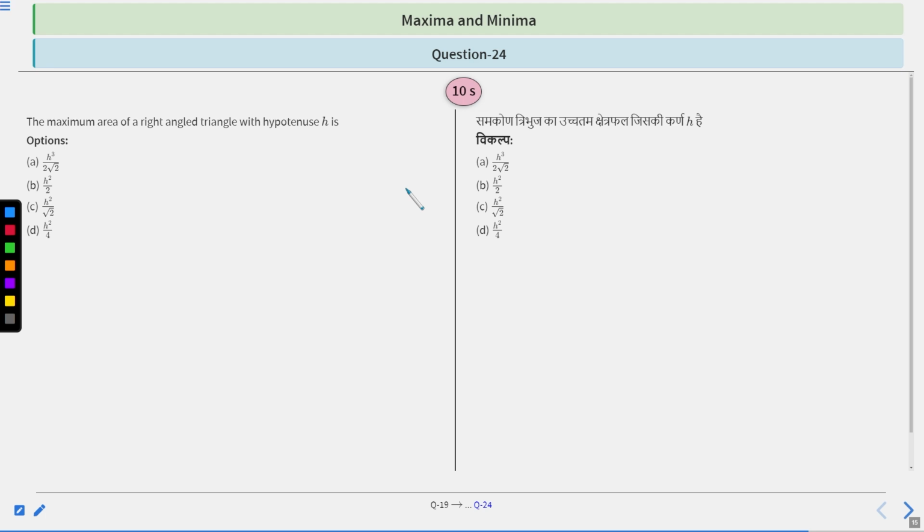And at each critical point, we will see at which point the area is attaining its maximum value, right? By using the sign of f double dash x, right? So you can use this concept to solve this question. You have 10 seconds to solve this question. After 10 seconds, we will discuss the solution.